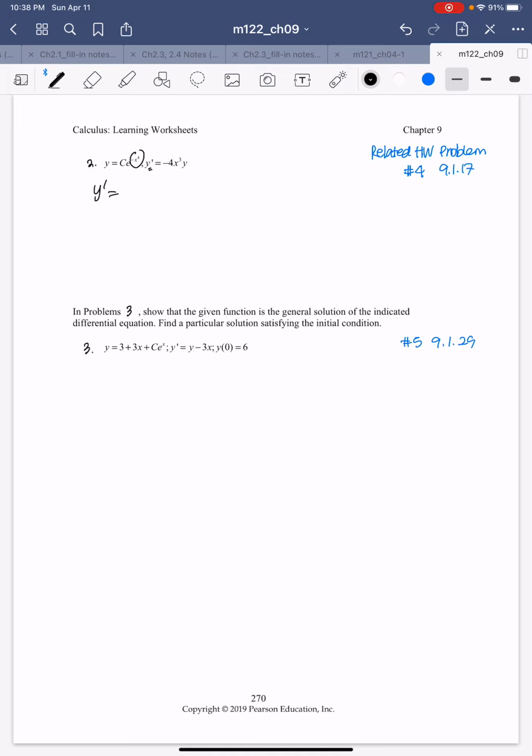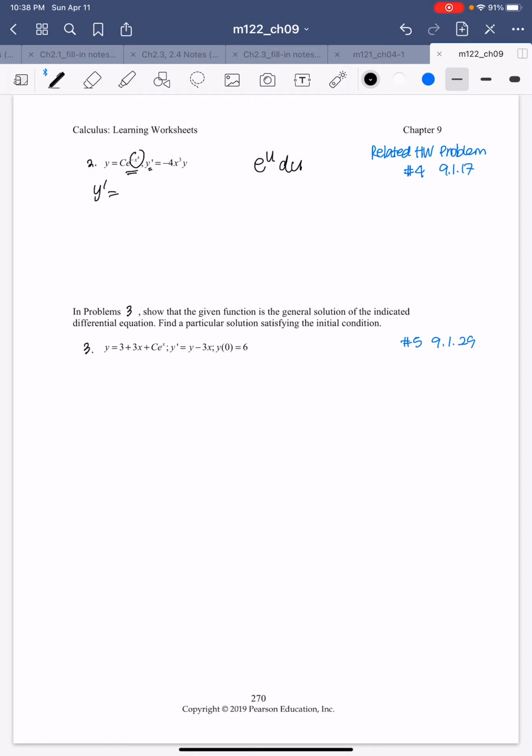Negative x to the fourth. So that's going to be, you can also think of it as the e function, right? So e to the u du, and then c is a constant.